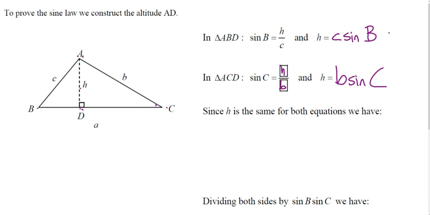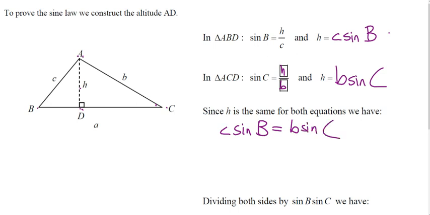These two things must be equal. Okay, so we have c sine B is equal to b sine C.